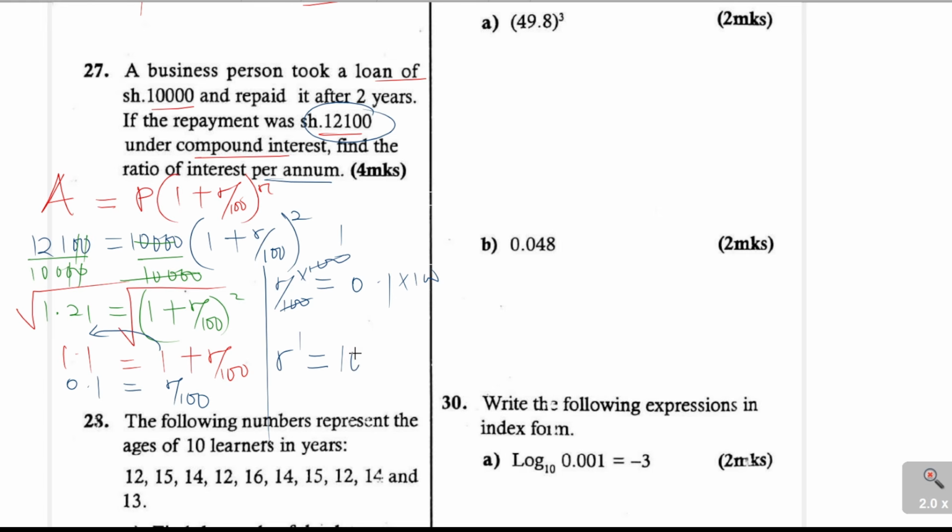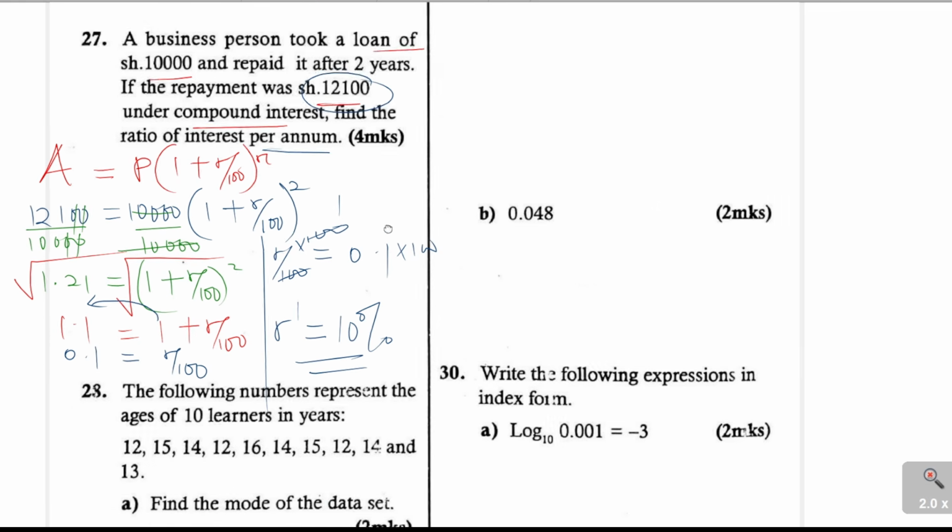This will give 10%. So the only thing that you're required to do there is to use the compound interest formula, substitute A with the amount repaid, then P is the principal, the initial loan taken, then N is the number of years. Now, so you make R the subject. That is how you work it out.